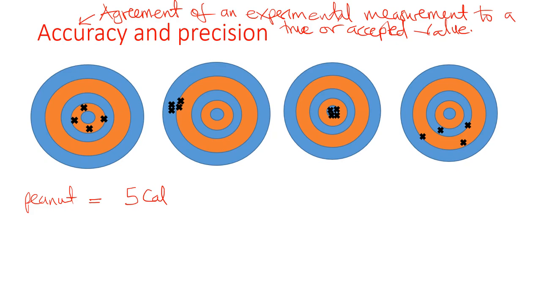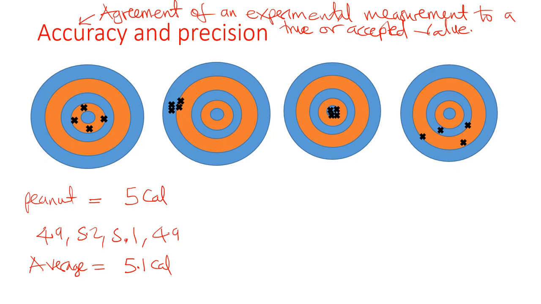Let me make a measurement. And you make a measurement, you find values 4.9 calories, 5.2 calories, 5.1 calories, 4.9 calories. And you calculate the average or the mean of this, and you find that maybe it is 5.1 calories.